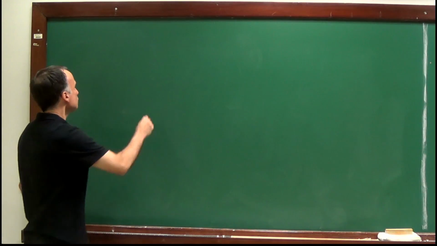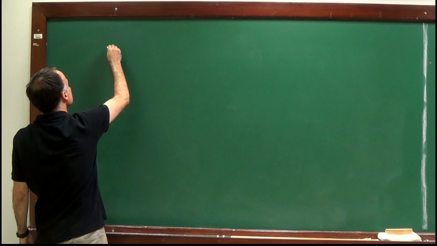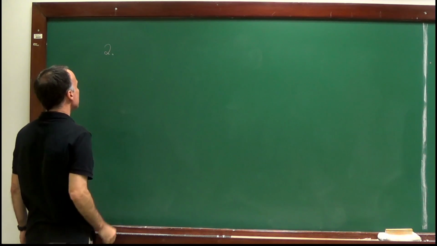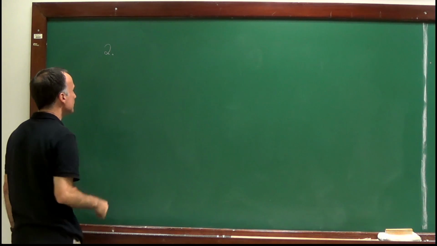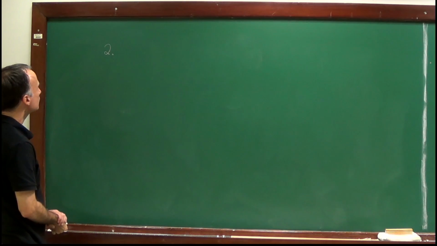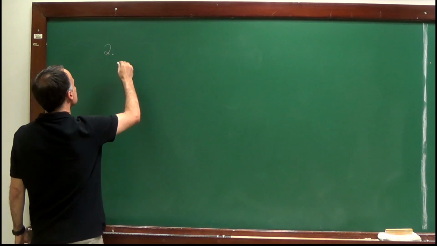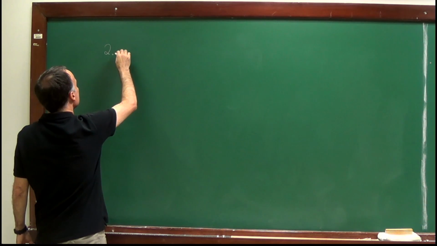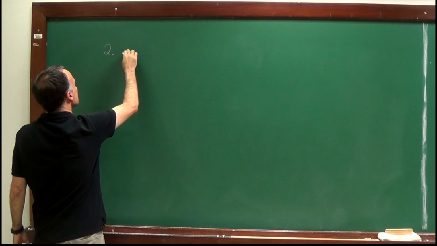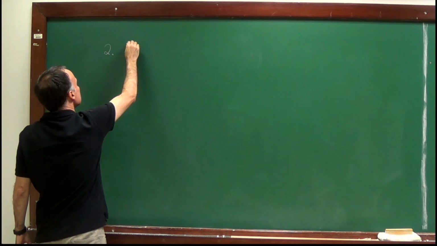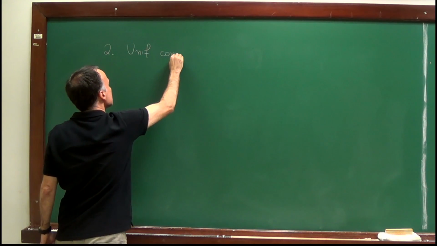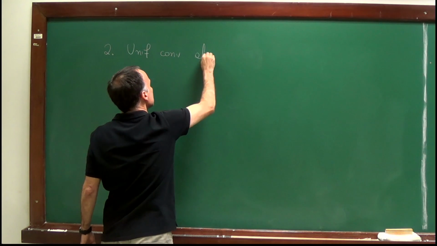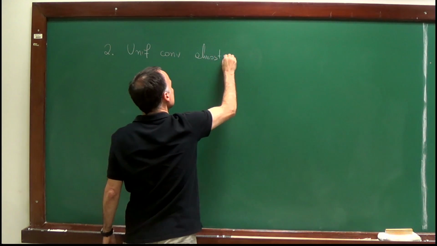Now, I'll introduce the second type of convergence, which is the almost uniform convergence, or uniform convergence almost everywhere. So let me write that. So this is the uniform convergence almost everywhere.